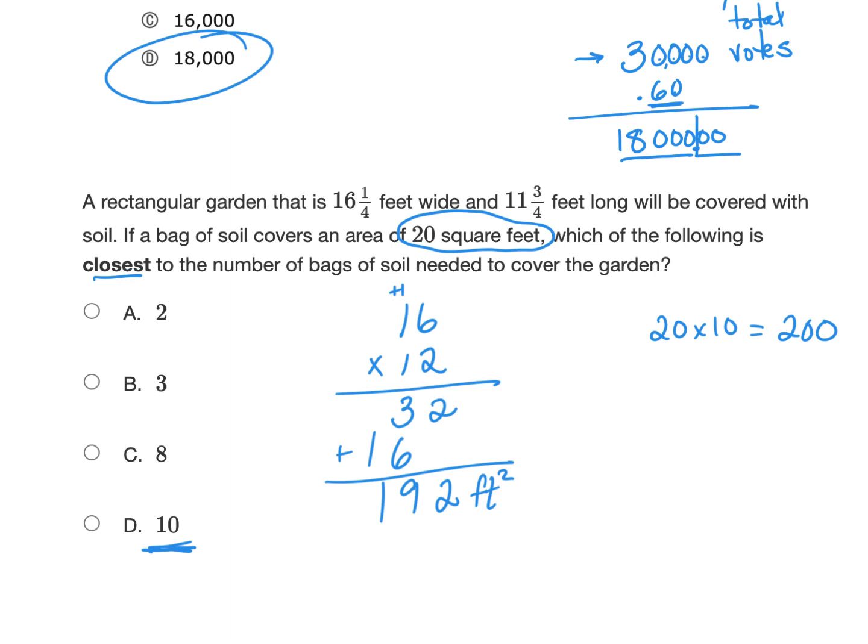So that's 200 square feet, and I have 192 square feet. So my answer is going to be D. Anything less than 10 is going to be too small, because 20 times 8 is the same as 2 times 8, which is 16, with a 0. That's 160. That doesn't come close to the total number of square feet that I need to cover.